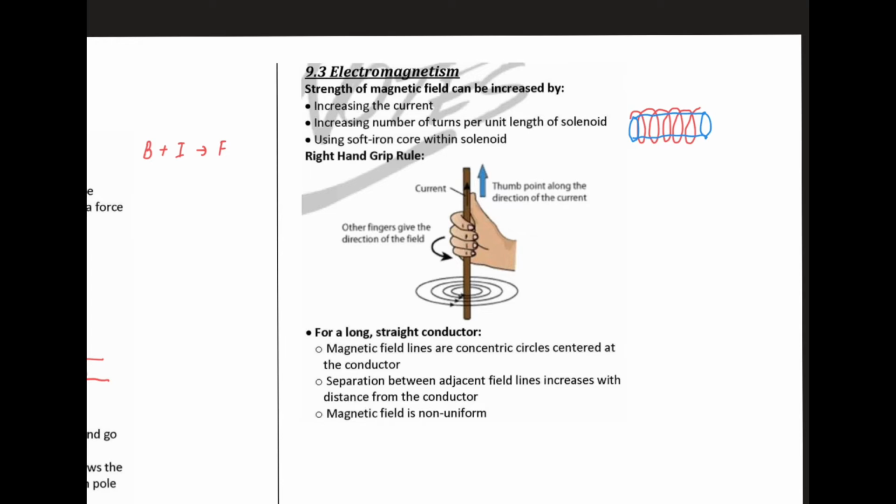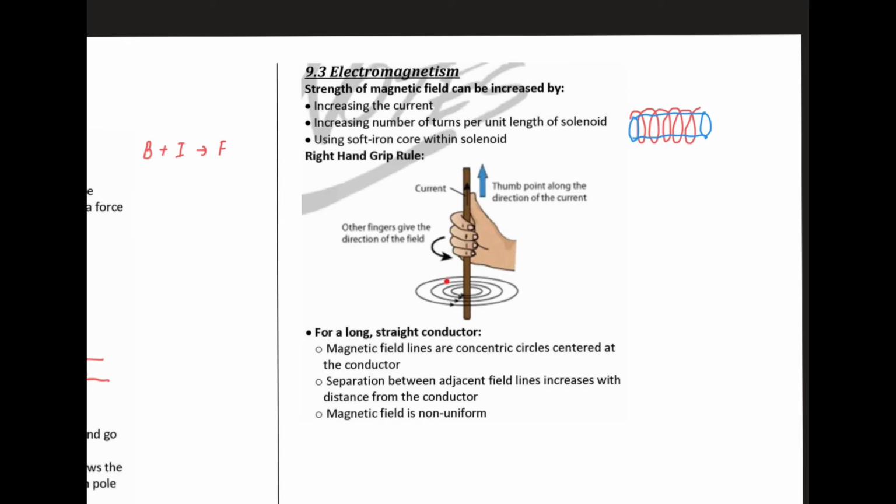You grip your straight wire with the four fingers, and your thumb points upwards, following the direction of the current. The four fingers that turn in the anti-clockwise direction represent the magnetic field.